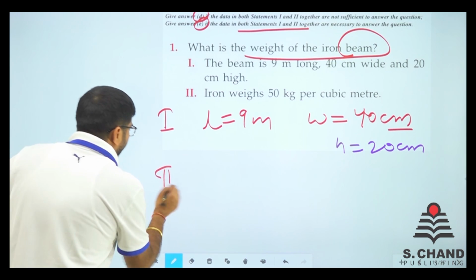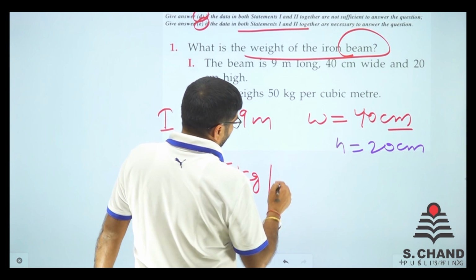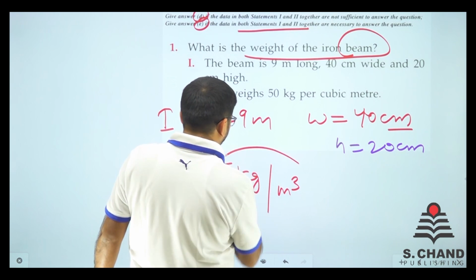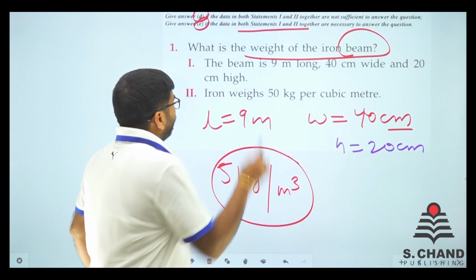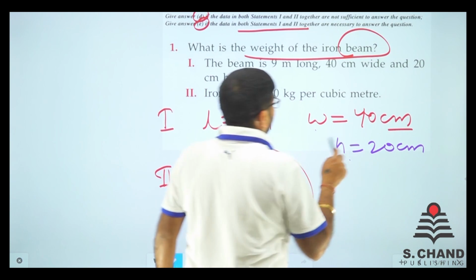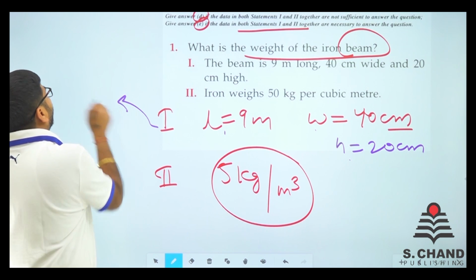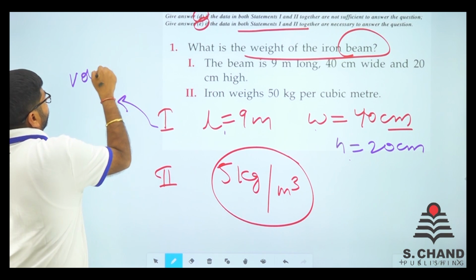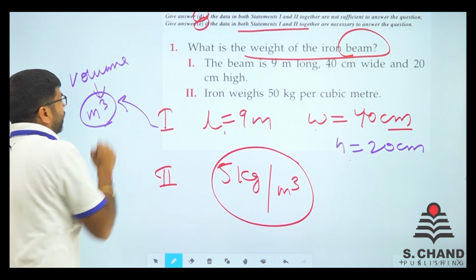What is the second data? The second says that 50 kgs per cubic meter is the weight, right? So from L into B into H, that is LBH, LWH, whatever it is, we can calculate the volume. And that volume can be calculated in meter cube, yes or no?